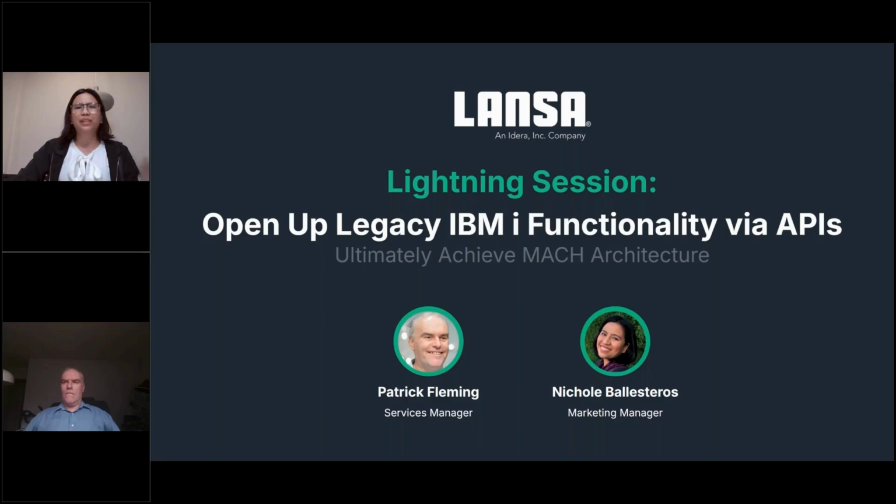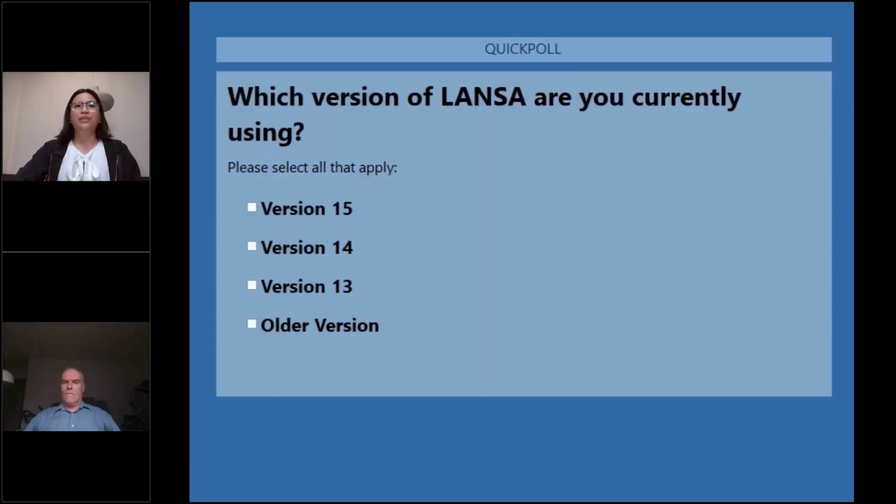Before we start, I would like to ask the group which version of Visual LANSA you're using. We'll put up a poll and then you can all answer. Please select version 15, version 14, version 13, or maybe you are still running on an older version.